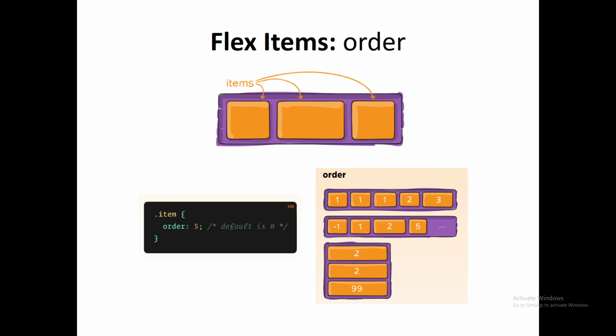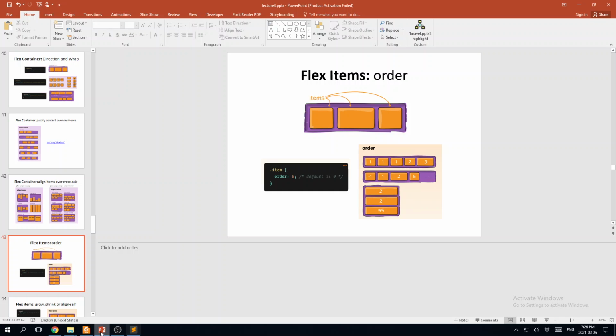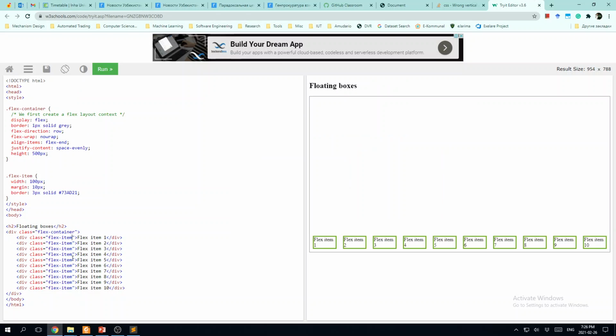I can also have flex items and specify different values for these flex items. For example, here these are the numbers. So I can specify the order. For this one, I would like to have the order of, let's say, 11.